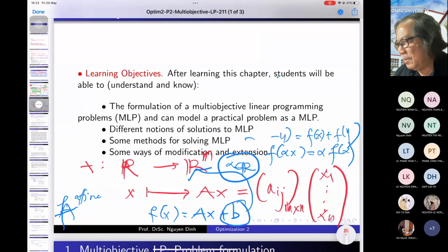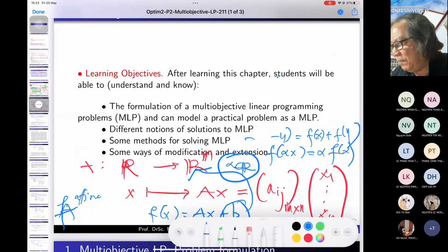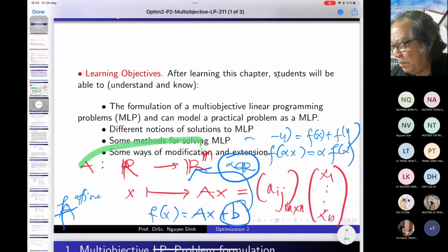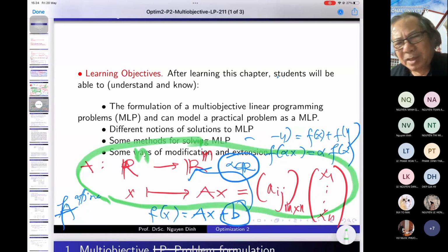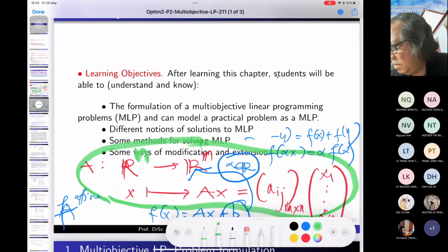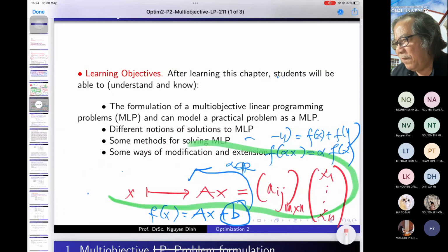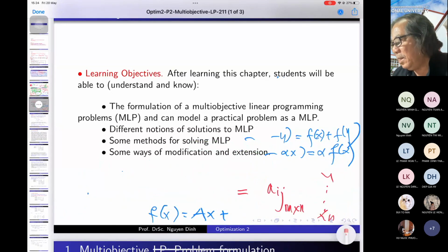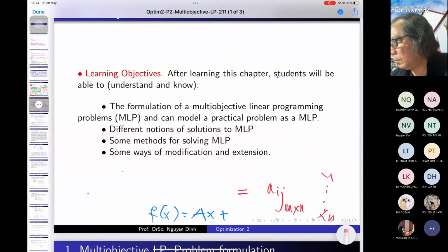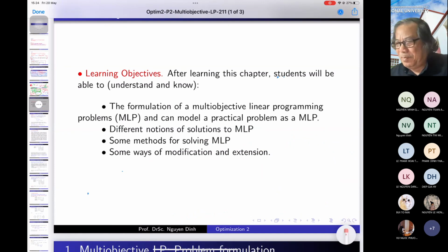This is called a mapping from Rn to Rm, and we call it a linear mapping. And of course, we also deal with things related to affine functions, but mainly linear. That is the problem. Is that okay?